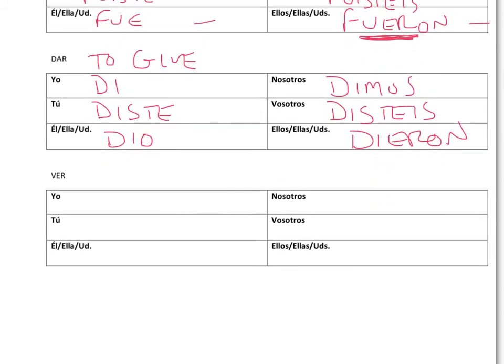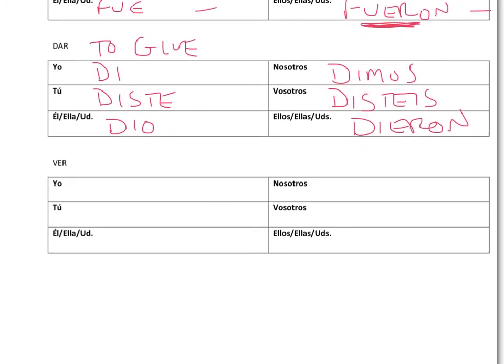Ver. Muy fácil. Ver is muy fácil. It's literally the same thing, only with a V instead of a D. So we're going to say, yo vi. What is ver? To see. We know that. So instead of saying, I see, yo veo, we're going to say, yo vi. I saw. So vi. Viste. Vio.